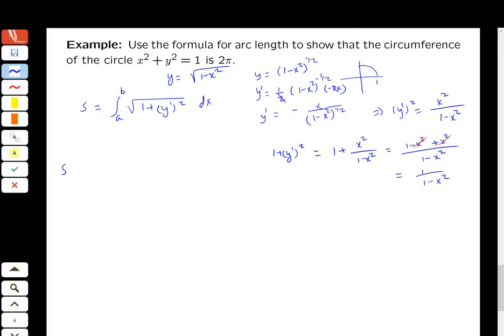So my arc length integral is going to be 4 times the integral from 0 to 1, those are the x values right here, of the square root of 1 over 1 minus x squared dx. I would submit to you that's the same thing as 4 times the integral 0 to 1 of 1 over the square root of 1 minus x squared dx.